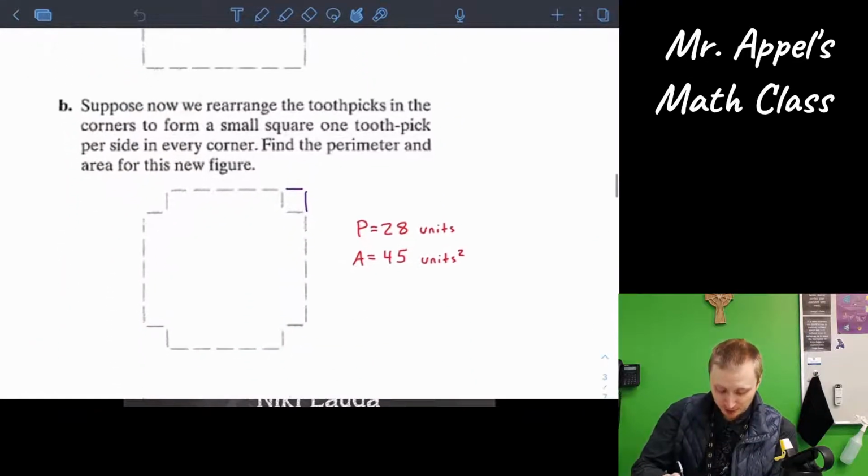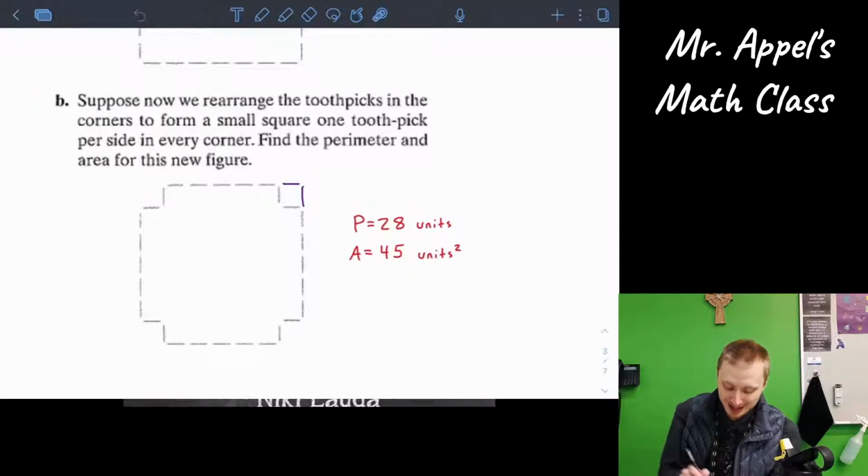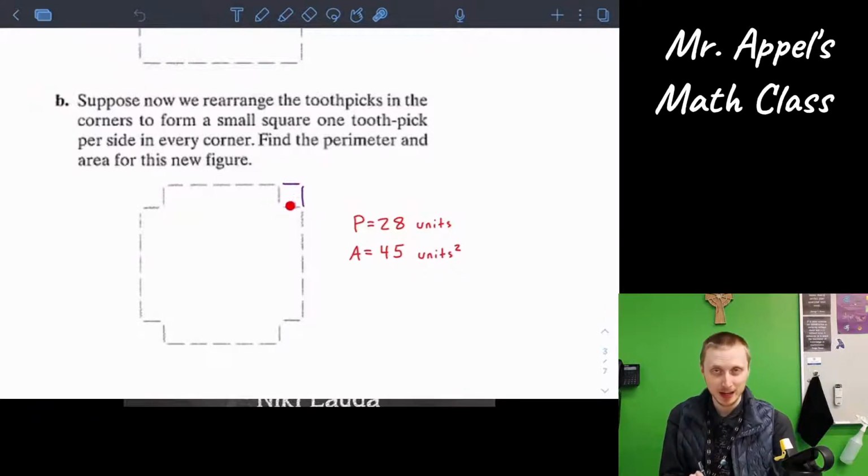From that shape, we now cut out the corners, or really we're rearranging the toothpicks. So the toothpicks that were here are now going into the square. And so this 1 by 1 square of area is no longer included. It's no longer enclosed. So our perimeter is still 28 units, but our area has dropped by 1, 2, 3, those 4 squares that we cut out. It's only 45 units squared.